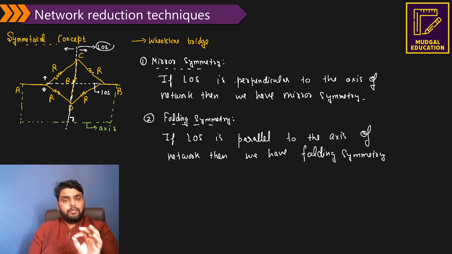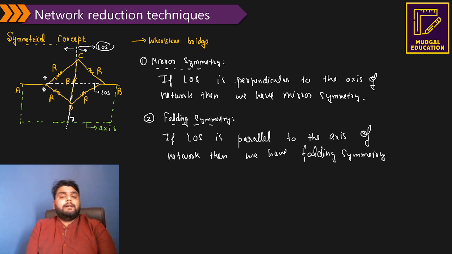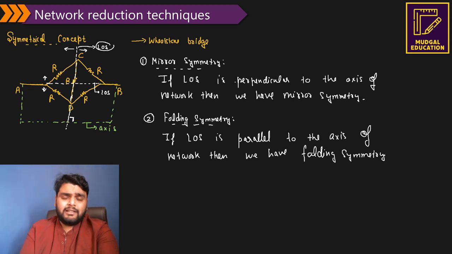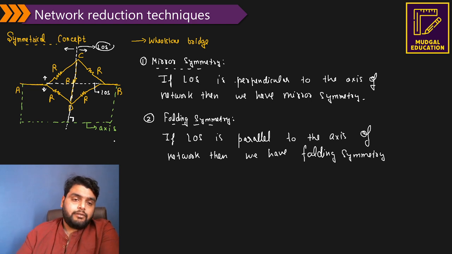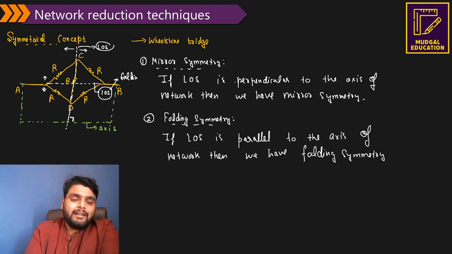Okay, easy concept. I hope you don't have any doubt. Now understand why I have two different kinds of symmetry. If you observe again in this circuit, this particular symmetry is the folding symmetry, right? Now there is no need to identify whether you have a mirror symmetry or a folding symmetry if you understand the question by simple common sense.